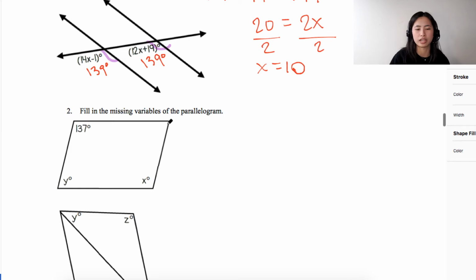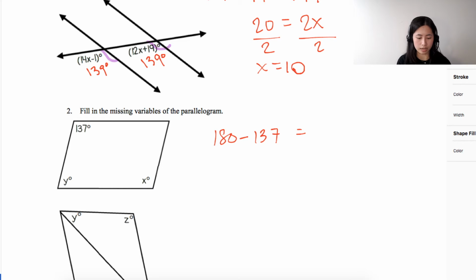Now we have parallelograms. If you recall, when we're talking about parallelograms, the opposite sides are congruent, and if you look at the angles, you know that this is 137, so the consecutive angles will be supplementary. In order for you to solve for y degrees, you would take 180 minus 137, and that would give you y degrees.